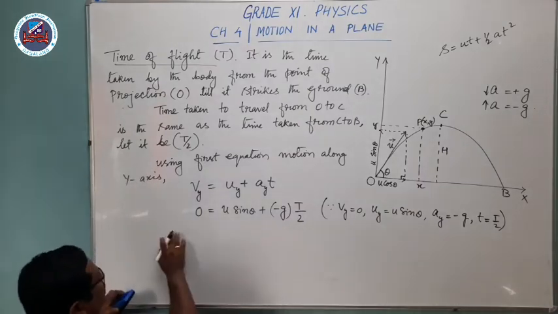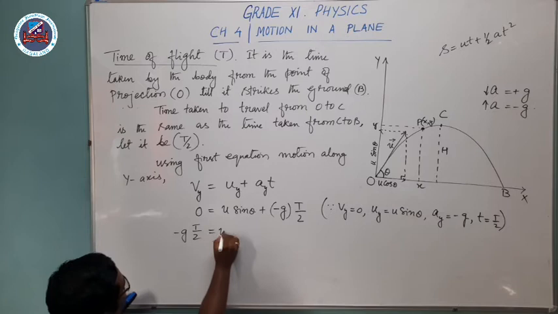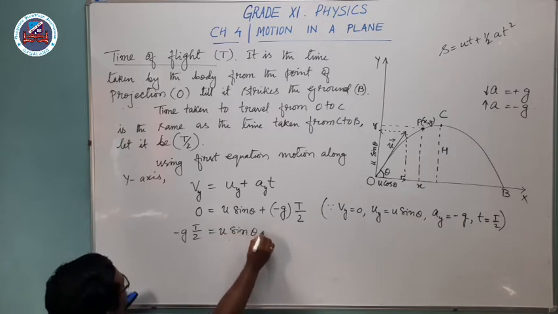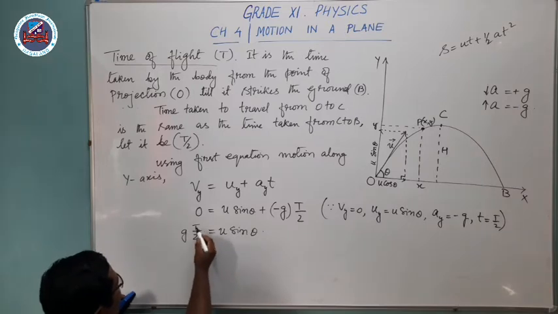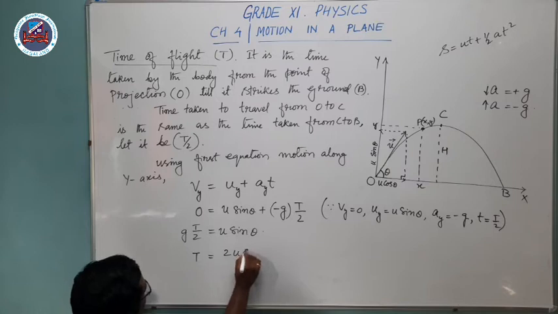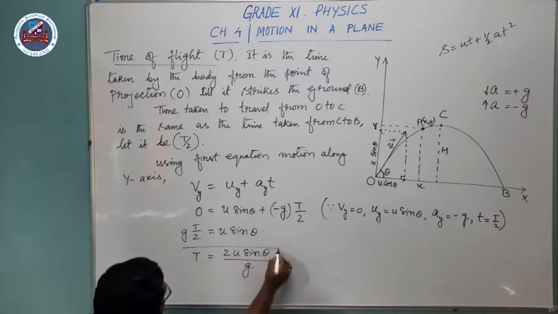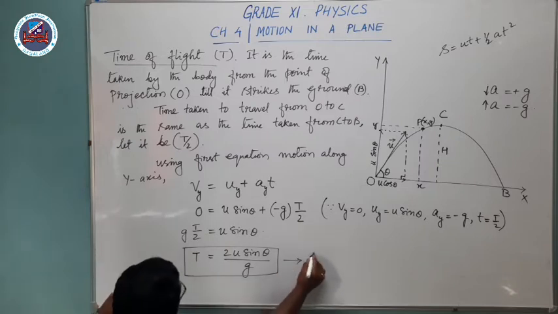So if you transpose it, minus gt by 2, you will get u sin theta. Minus will become plus. So instead of finding t by 2 directly, you can find t. T is equal to 2u sin theta divided by g. Let us mark this as equation number 5.